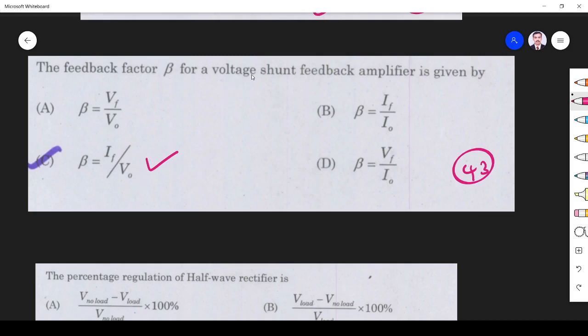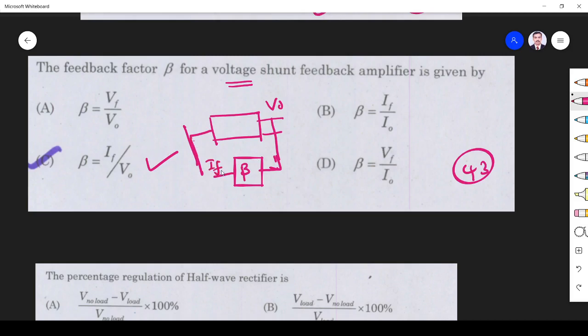In voltage shunt, voltage is taken from the output of the amplifier, and shunt means it is connected in shunt, as a current, so here it should be IF, the feedback current.